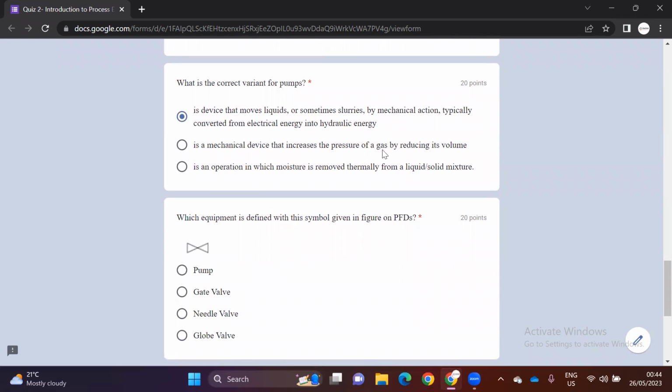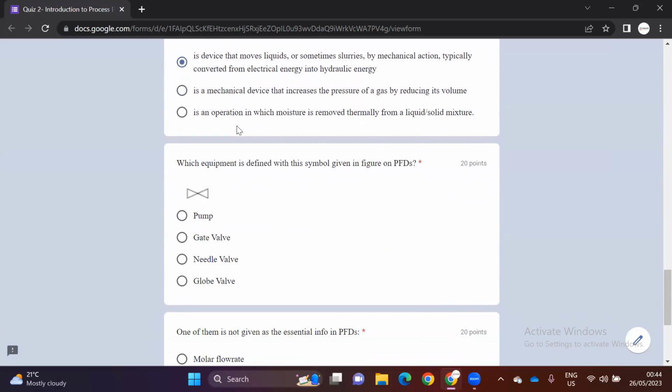This is a red flag for us because pressure of the gas is increased via a compressor by reducing its volume. It's not a pump. Variant C is an operation in which moisture is removed thermally from a liquid-solid mixture. Most probably it should be a dryer. That's why we are also not choosing this one. The correct one, the most appropriate one will be variant A.